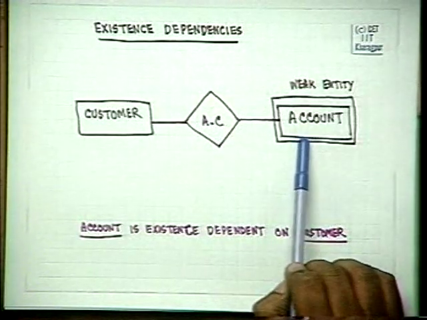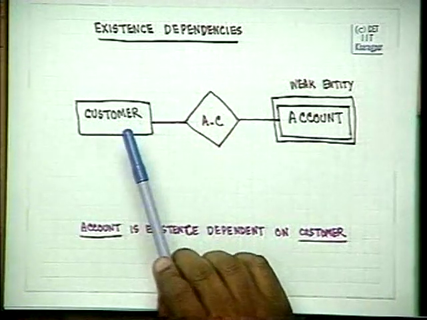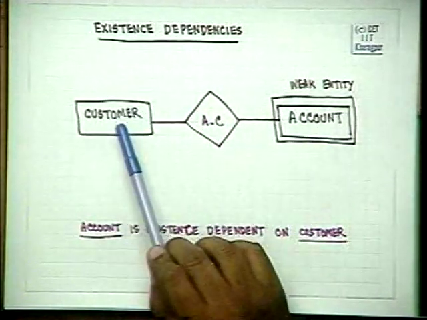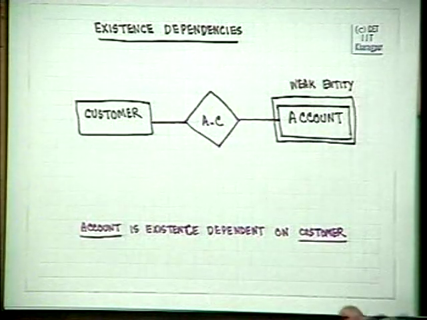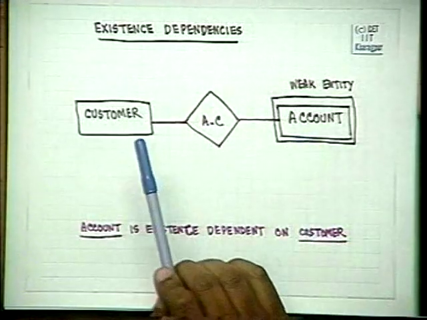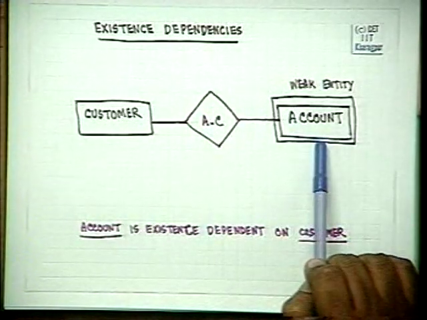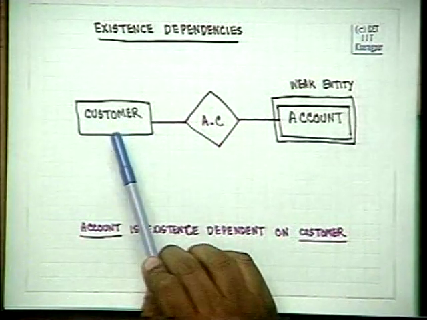You can identify the account from the strong entity. This is called the strong entity, this is called the weak entity. A weak entity is an entity which is existence dependent, it has no primary key, and it is dependent on another strong entity for its identification.